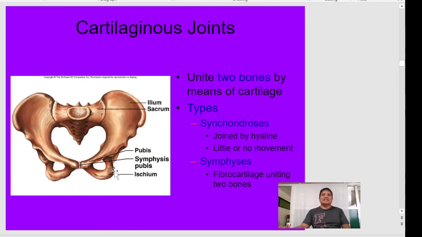Okay, so this is an example of a cartilaginous type of joint. The joint between the pelvis, the sacroiliac, is an example of a cartilaginous or slightly movable type of joint. Okay.